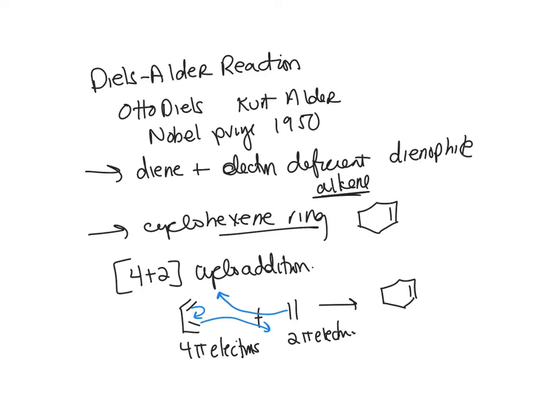I will go ahead and say this is a concerted mechanism. It's one step. And so you're going to see that with the addition of heat and this 4+2 cycloaddition, if this was a trans or a cis, then this would stay cis.